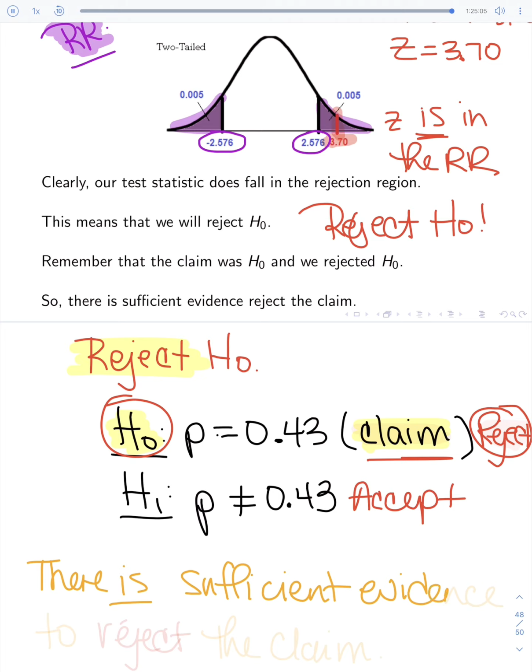We are going to say there is enough evidence. And what are we doing? Well, according to this, we are going to reject the claim. So there is sufficient evidence to reject the claim. Notice we got the exact same answer we did using the p-values.